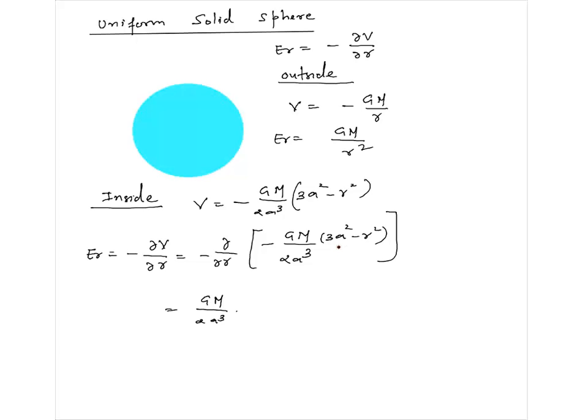Derivative of 3a square is 0. Minus r square gives minus 2r. So minus GM by a cube into r.